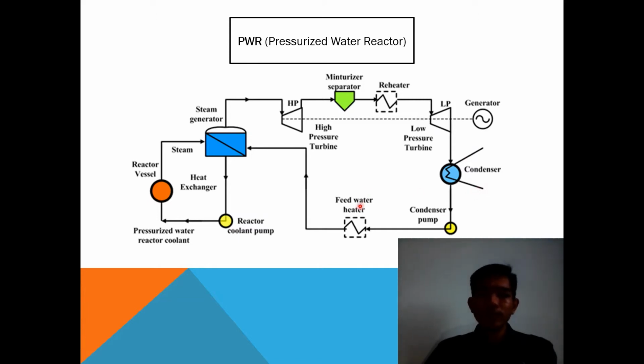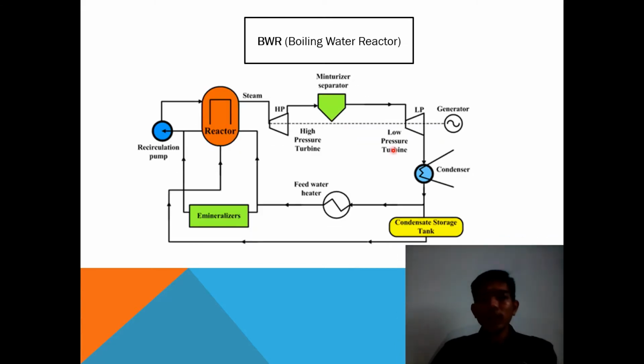After that, the feed water heater, and then it will go back to the steam generator. In this part, the heat exchanger, and then the water goes to the reactor coolant pump, and the pressurized water reactor coolant will go to the reactor vessel. In the next slide, boiling water reactor.